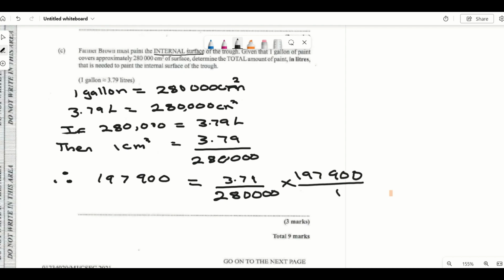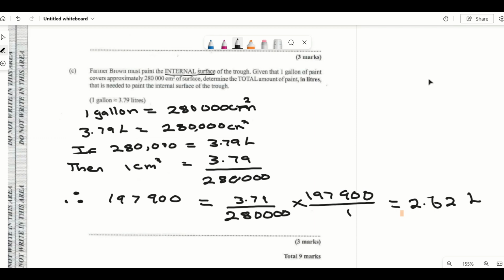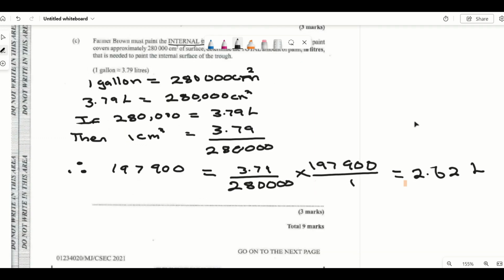This is multiplied by 3.79 over 280,000. Right? So when we multiply this out, you're going to get 2.62 liters of paint is needed to paint that internal surface. And that is the end for May-June 2021.